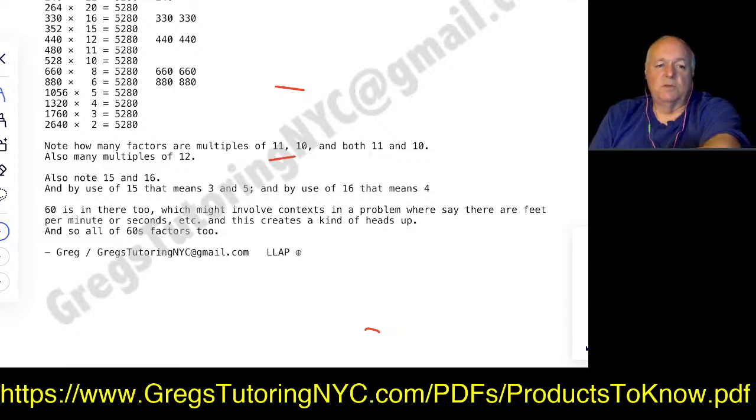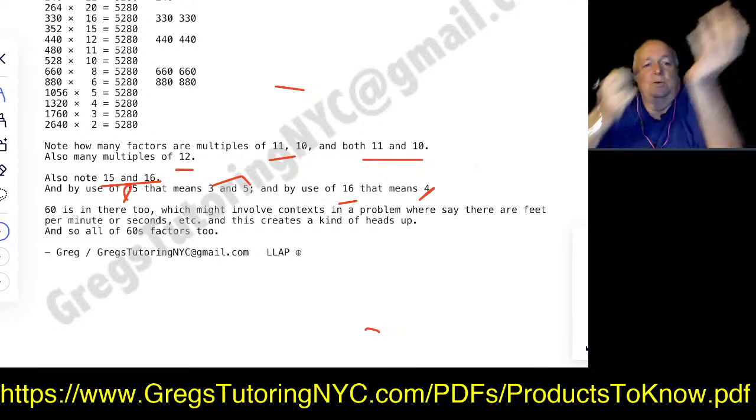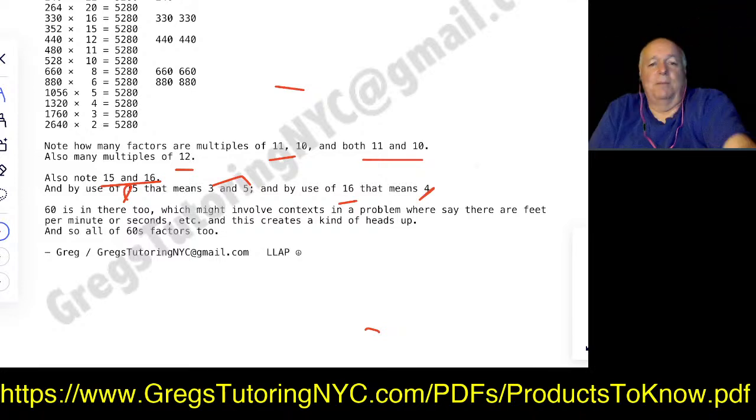Also, many are multiples of 12. Many are multiples of 15 and 16. Okay? And again, if a lot of them are multiples of 15, well, 3 and 5 are factors of 15. Same if a lot of them are multiples of 16, then the factors of 16, which includes 4, are also involved with that, okay? So it's all tying into us getting used to the numbers and things like that.